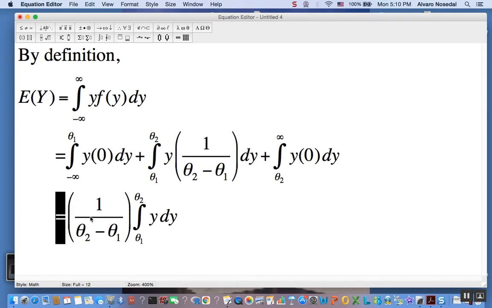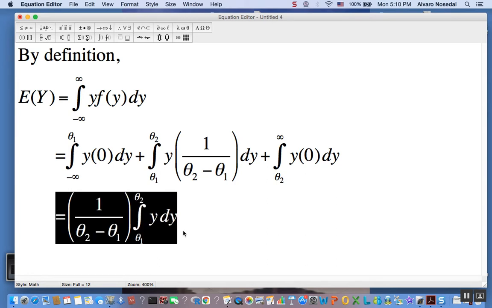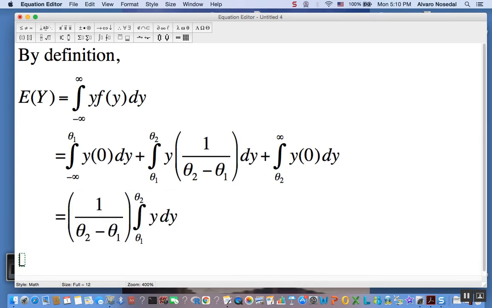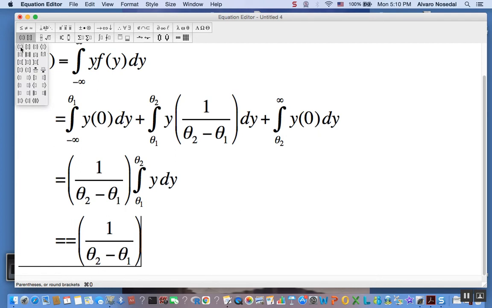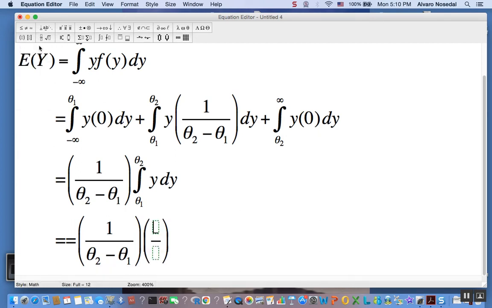So let me copy paste this and write that down. We have this times y squared divided by 2, and we have to evaluate at theta 2.